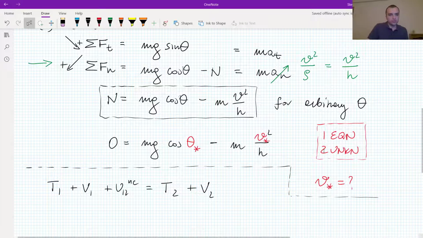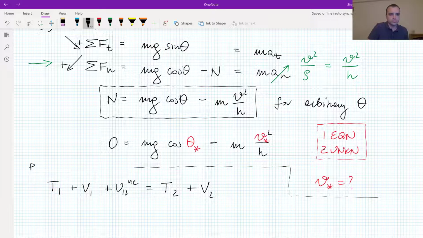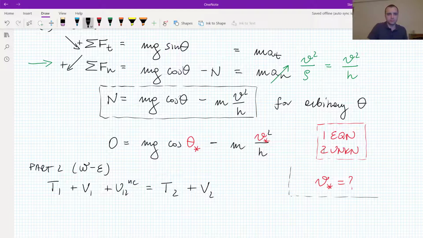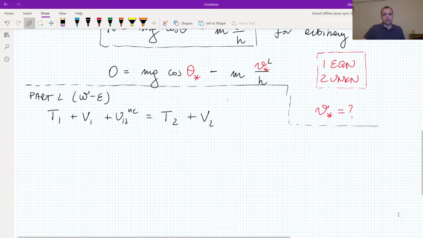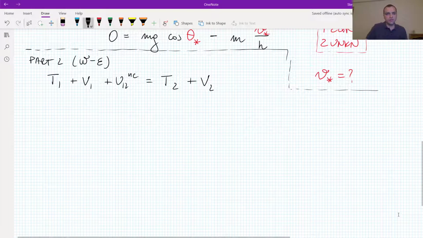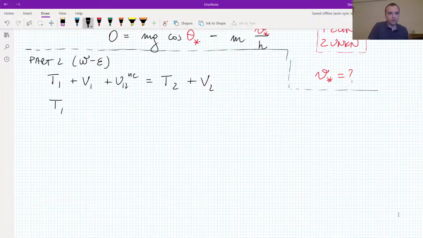So this is our part 2. It would be the work energy method. Okay, so now our goal is to find these 5 expressions: T1, V1, T2, V2, U12 non-conservative.